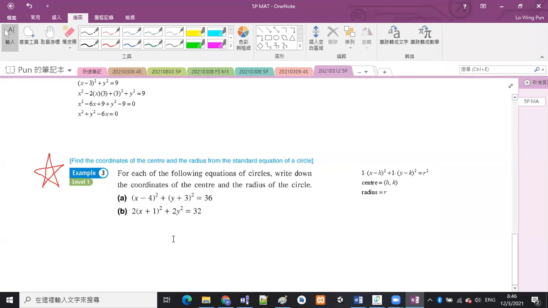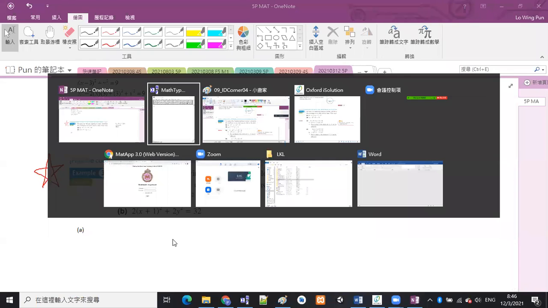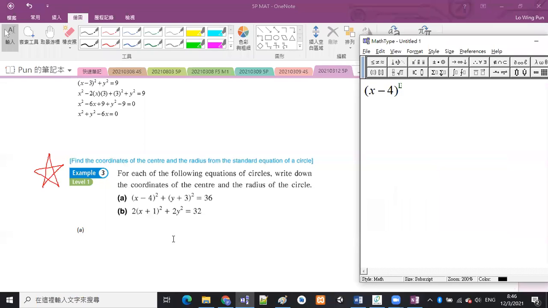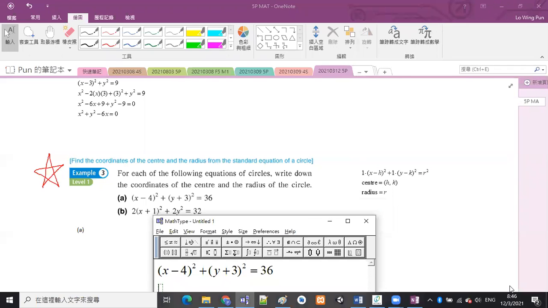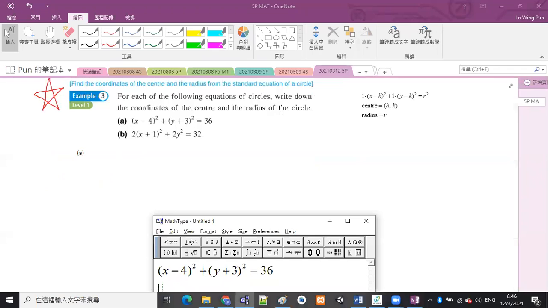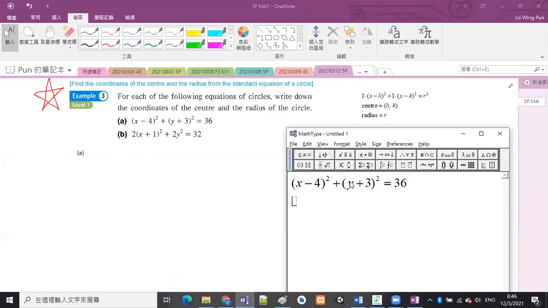Part A. So now we have (x minus 4) squared plus (y plus 3) squared is equal to 36. Okay? So, according to these formulas, this is already 1 times (x minus 4) squared plus 1 times, right?